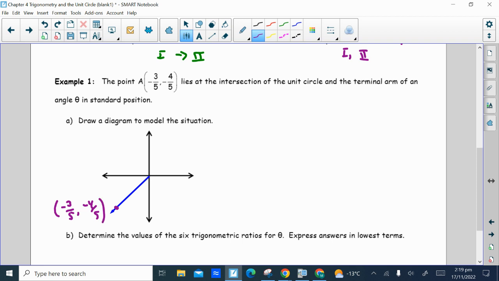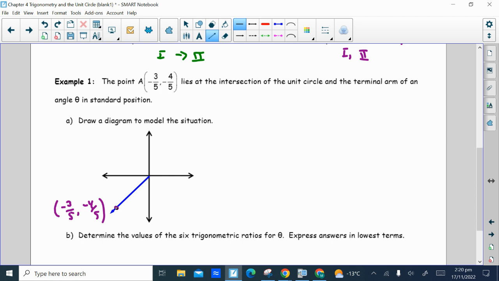There's a couple different ways we can look at this. We can remember that we're dealing with the unit circle, and all the coordinates on the unit circle tell us either the cosine or the sine, the two coordinates. The x value tells you the cosine. This tells us that the cosine is negative 3 over 5.